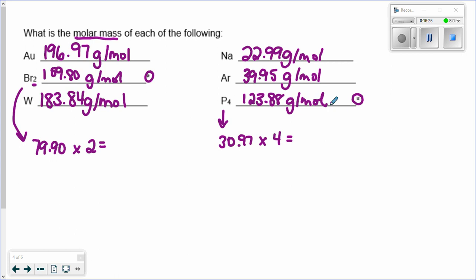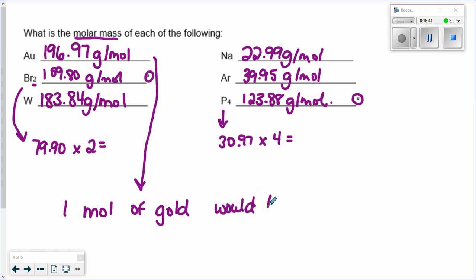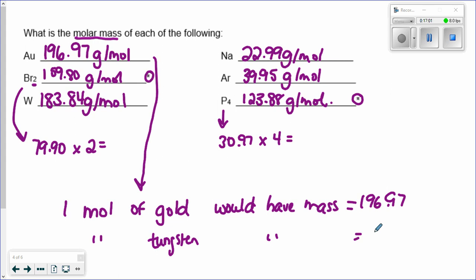So hopefully those make sense, figuring out the molar mass of each of the following. And again, what this is saying is if I had 1 mole of gold, that 1 mole of gold would have a mass equal to 196.97. 1 mole of tungsten would have a mass of 183.84.